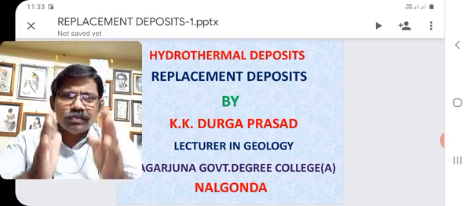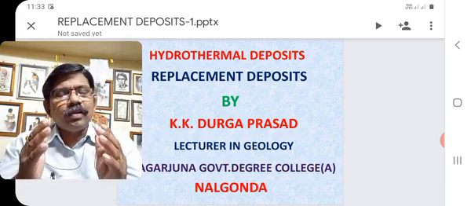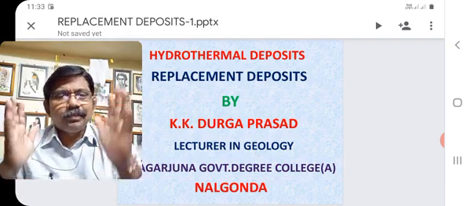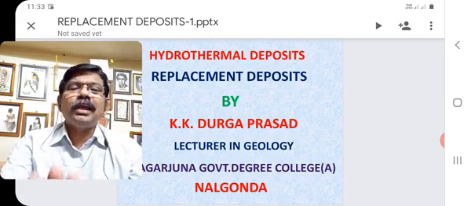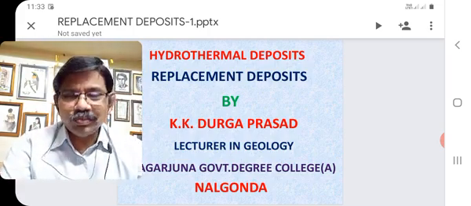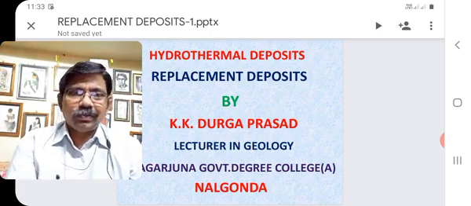It moves towards the earth's surface, and then forms mineral or metal depositions. This is known as the hydrothermal solution depositional process. A big term we have to use.